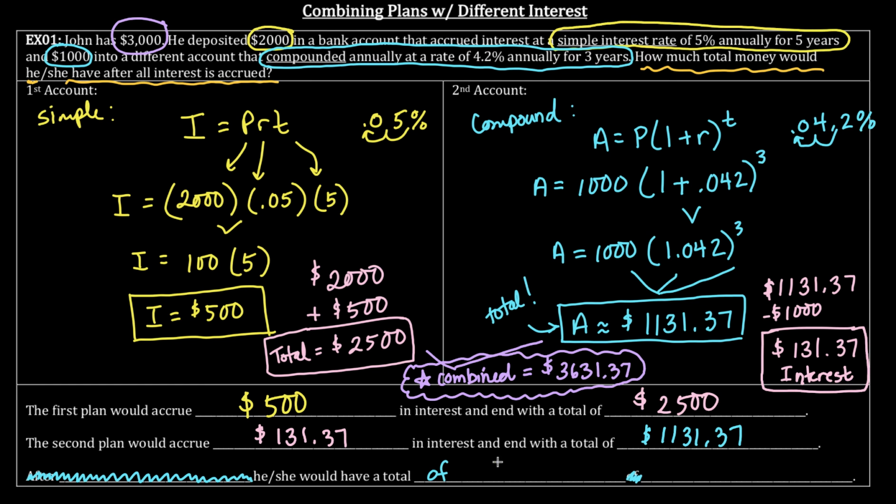So he would have a total of $3,631.37. Okay, cool.